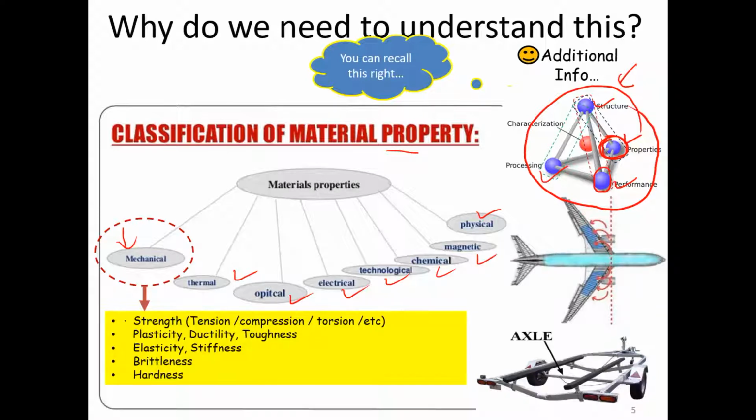These include strength, plasticity, ductility of your material, the toughness of the material, elasticity, how stiff your material is, brittleness and hardness. These are the mechanical properties that we will discuss along this lecture.